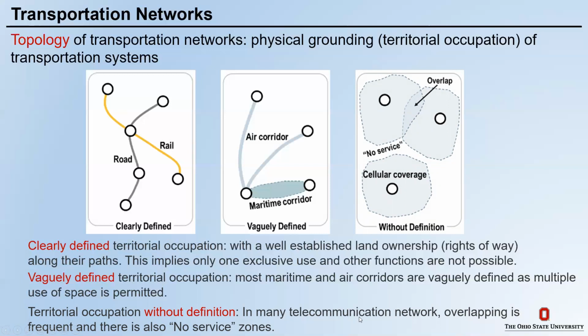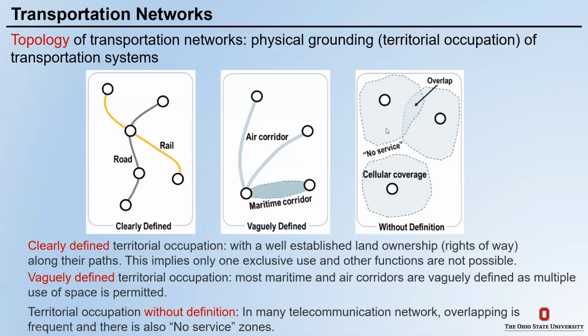So in many telecommunication networks, overlapping is frequent, and there are also no service zones, right? So you can see here, talking about boundaries, yes, there might be vaguely defined boundaries for each node, and each node can be considered as a signal tower, or we call it a base station for telecommunication networks.